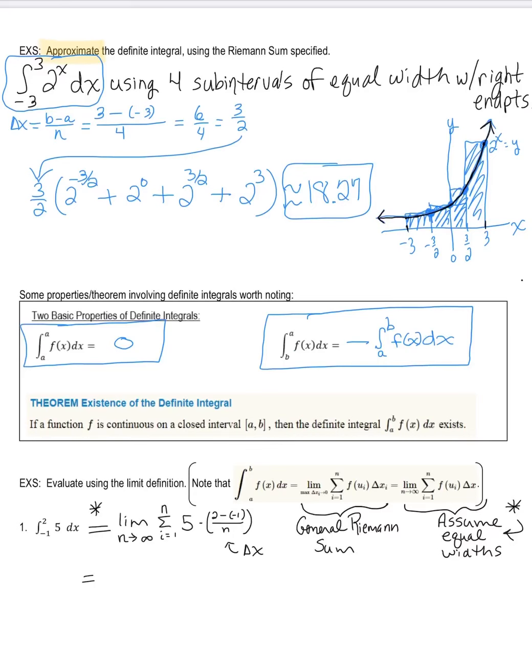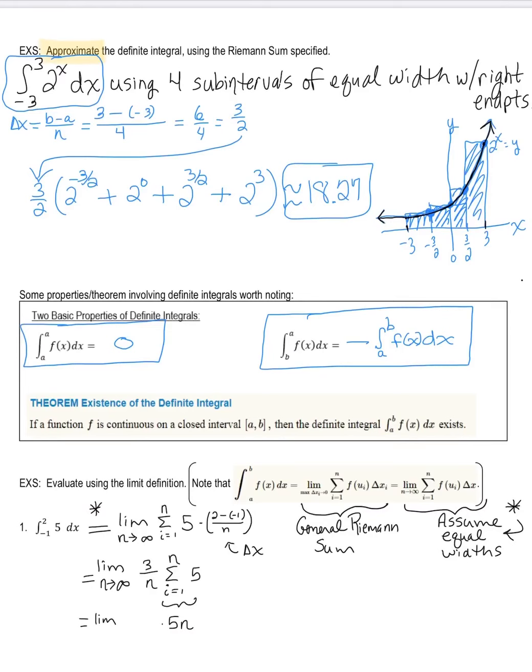This is probably the shortest one we've ever done with these. It is simply going to be our 3 over n. Well, 3 over n can be brought in front of the sum because it doesn't have the index i in it. It's just a constant multiple. This is kind of how I did these in the last section. And then the sum as i goes from 1 to n of just 5. We had a formula for that in the last section: the sum of a constant is that constant times n.